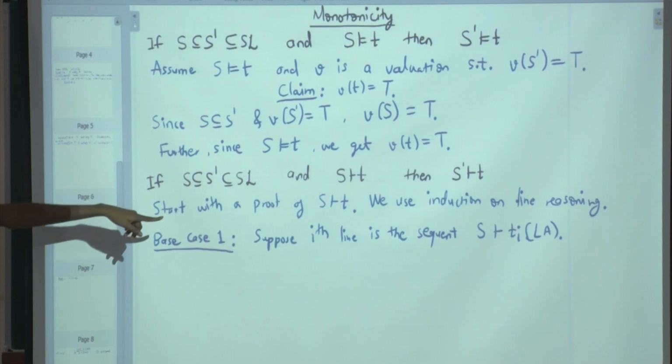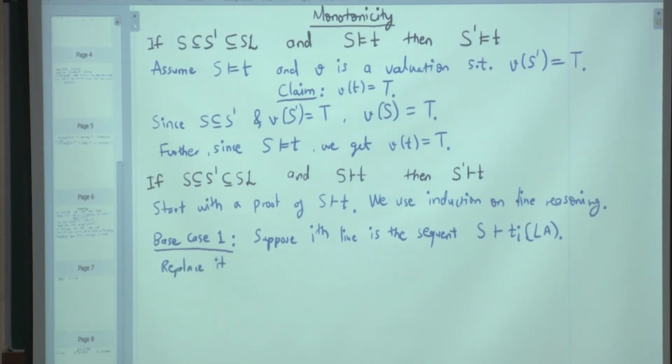Then what do you conclude about Ti? Ti is a tautology. The truth of a tautology follows from anything. So we can directly replace it with S prime proves Ti, LA. Nobody can stop us from doing this, because LA follows from anything.